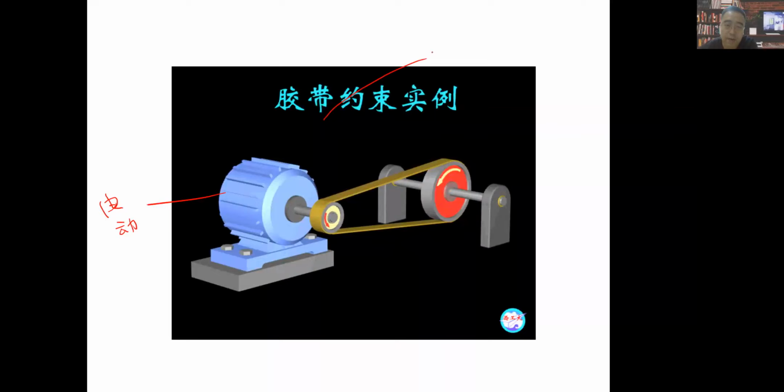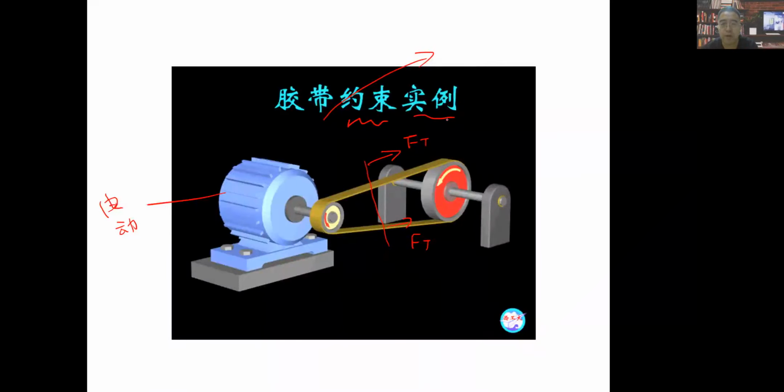It's very typical use in our engineering life. So when we imaginarily cut it into two parts, it will have F_T. So I hope you can understand this kind of 约束, meaning constraint.